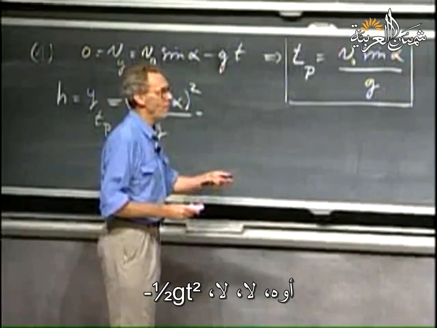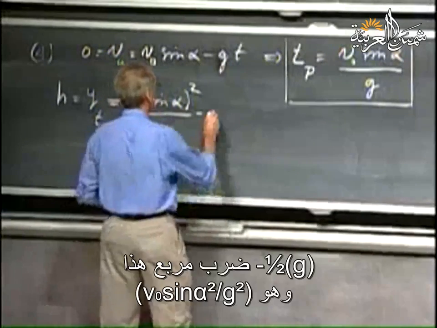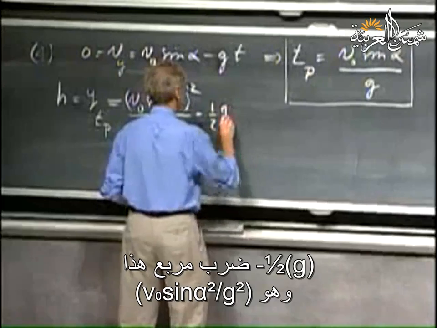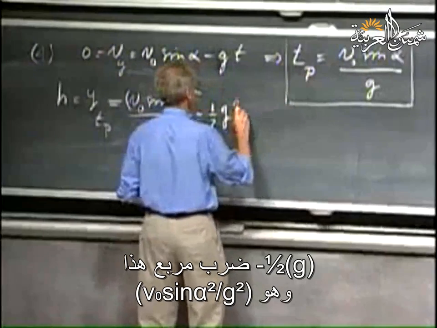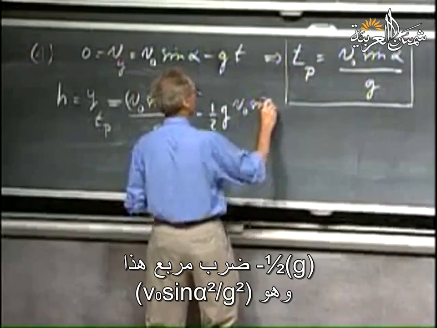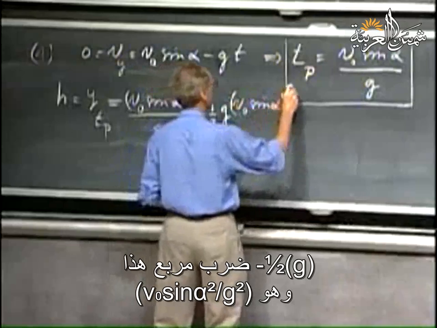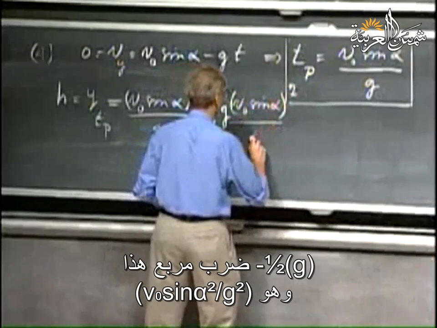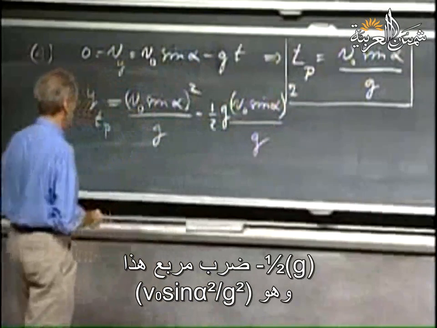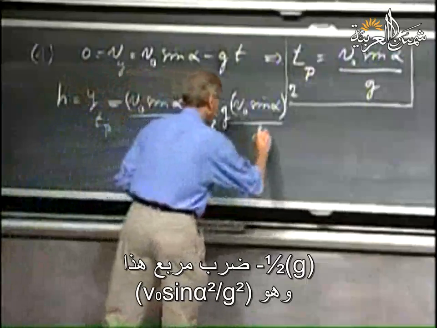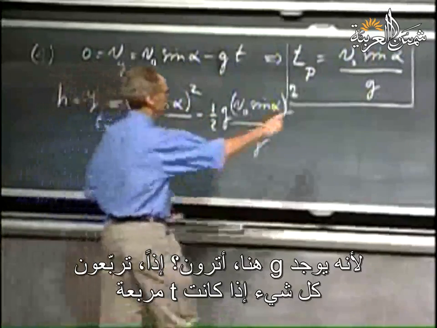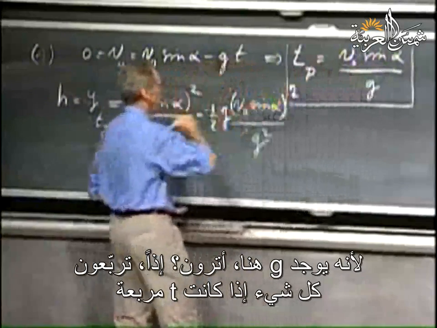This equation, minus half gt squared, minus 1/2 g times this one squared, which is v0 sine alpha divided by g, squared. Because there's a g here, you see. So you square the whole thing, it is t squared.